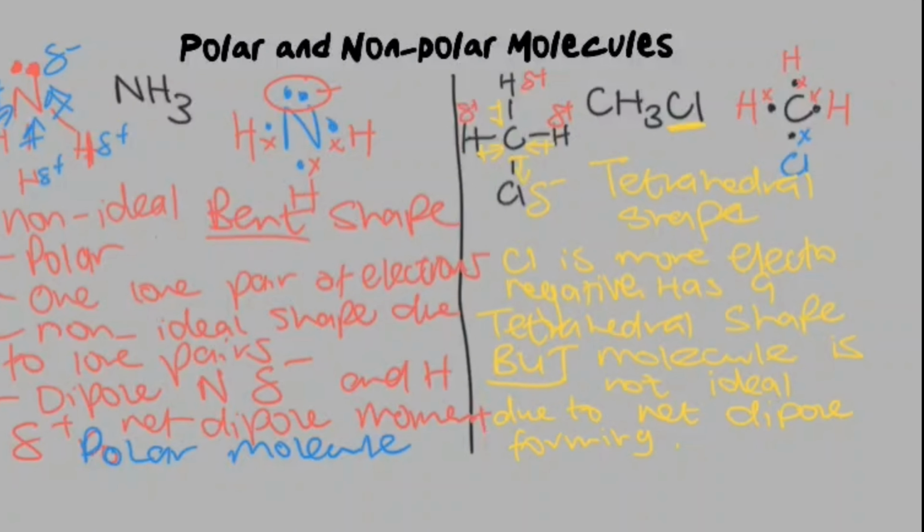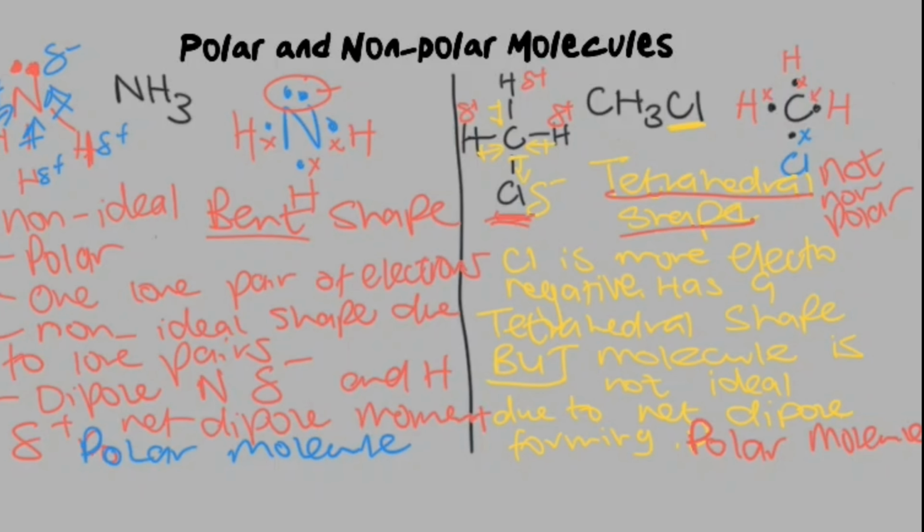So therefore it can be concluded that this is a polar molecule. So this is a very good example because although it is an ideal tetrahedral shape, it's not non-polar, but in fact polar due to this highly electronegative chlorine.